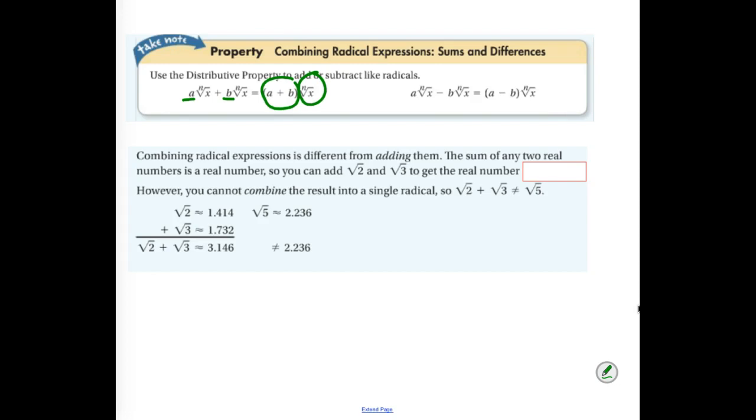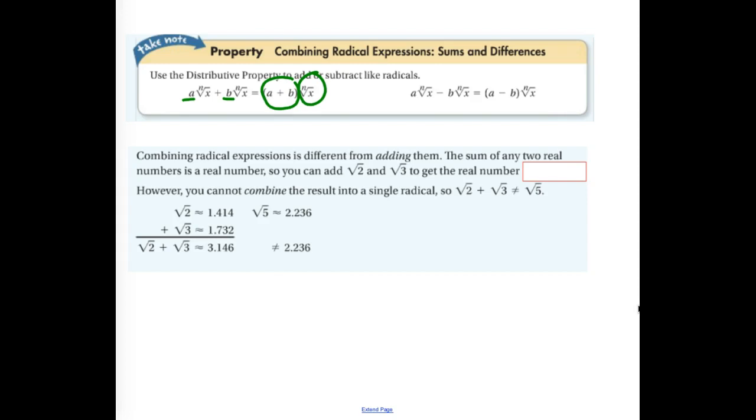Okay? The one thing I do want to caution you of, it says combining radical expressions is different from adding them. The sum of 2 real numbers is a real number. So technically we can add the square root of 2 and the square root of 3 together. We can't physically put them together because they are not like radicals. But we can convert them to decimals and take the square root of 2's decimal and add the square root of 3 decimal to get an approximation for it.